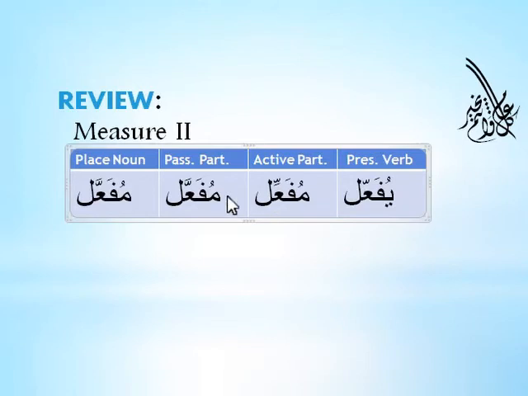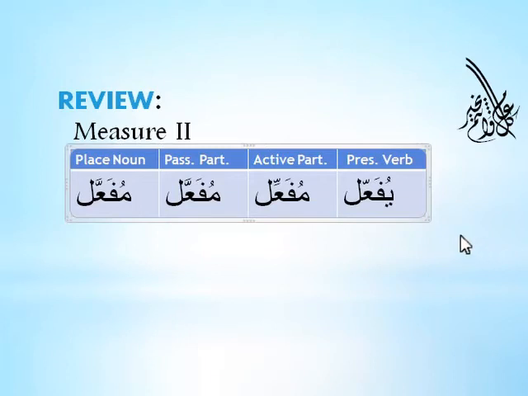So mufa'il, mufa'al, between an I and an a sound. So these are going to look very similar. This was the passive participle, the done. And for bonus, the place noun was exactly the same as the passive participle. Now, seeing as these are generally all going to be written the same way, it's context that tells you which one it is.